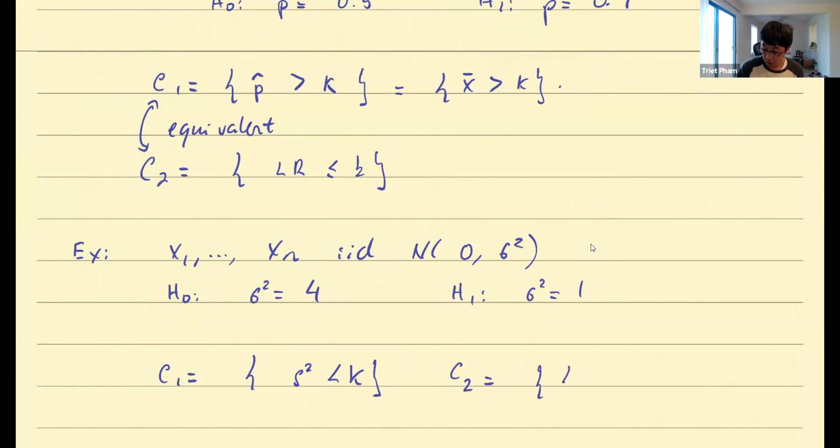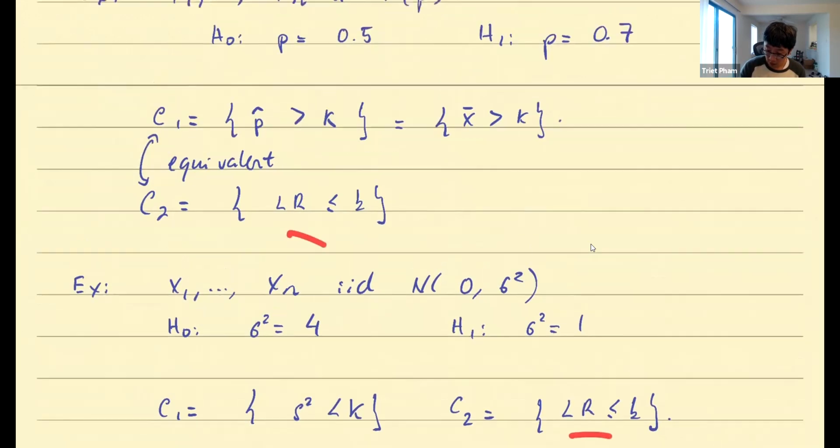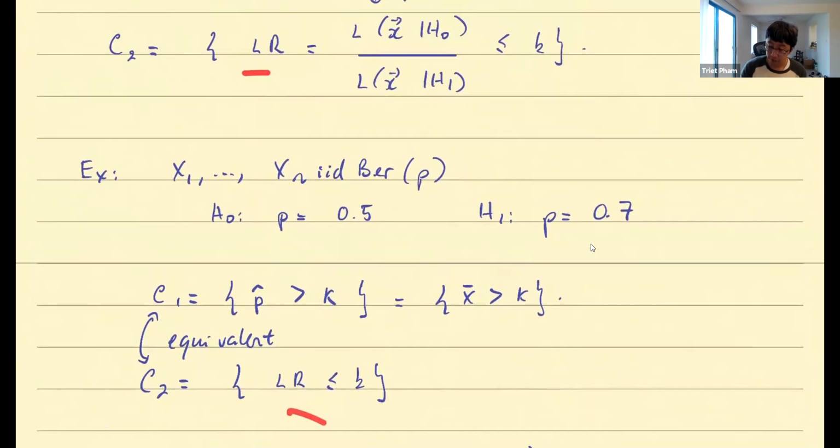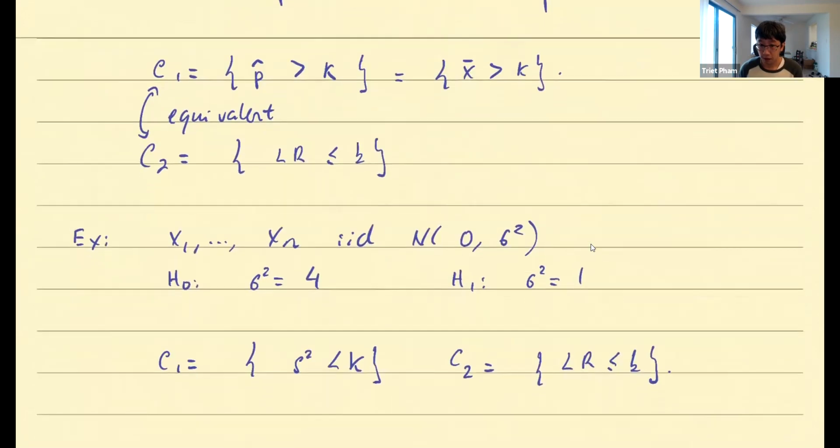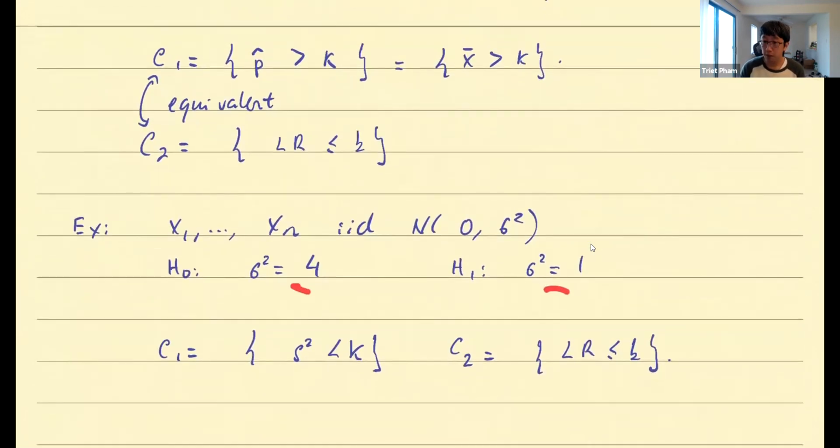C2 is still the same. Does that surprise you that they're all the same? Even though I switched direction here, even though I switched sigma square here, I switched the relation. Suppose I change it like this.